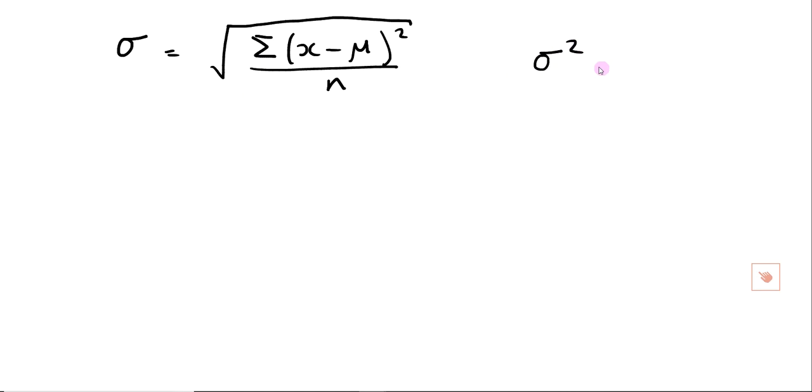This one here was without the square root. Do you remember what that was called? Standard deviation squared. It was called variance. Okay? The variance is the spread before you square root. That was all it was, right?